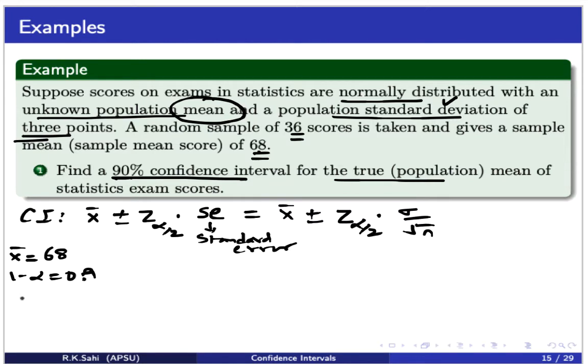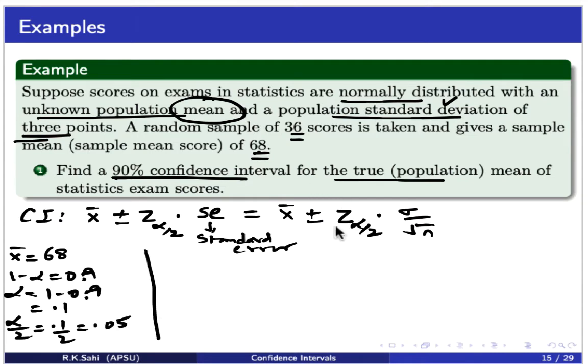That means, what is my alpha? 1 minus 0.9 is 0.1. Alpha by 2 is 0.1 by 2, 0.05. Okay? So we're getting the values.